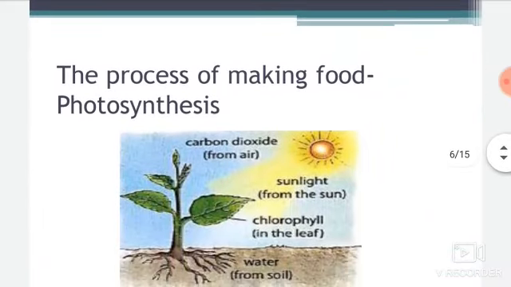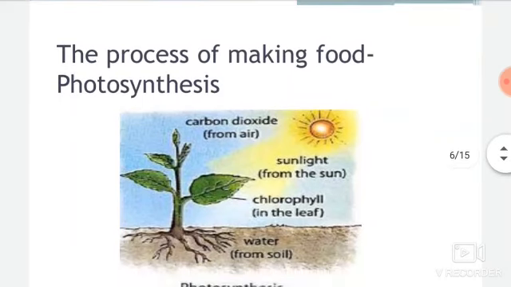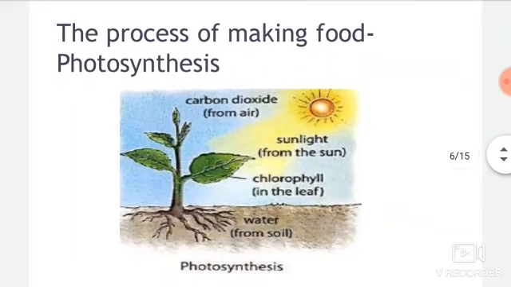Now, how do green plants prepare their food? The process of making food is known as photosynthesis. How does it work? The green plant takes carbon dioxide from the air and sunlight from the sun.